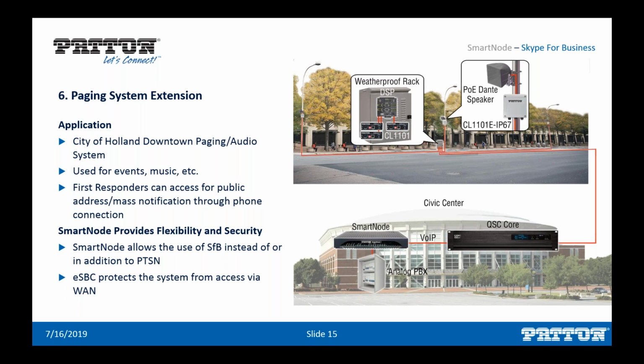If a big storm is coming, if there's an active shooter, whatever this emergency could be, they have access to be able to notify the entire town by just dialing an extension on their PBX. You can easily see in this application how instead of an analog PBX, perhaps they have a Skype for Business system that they need to connect into.